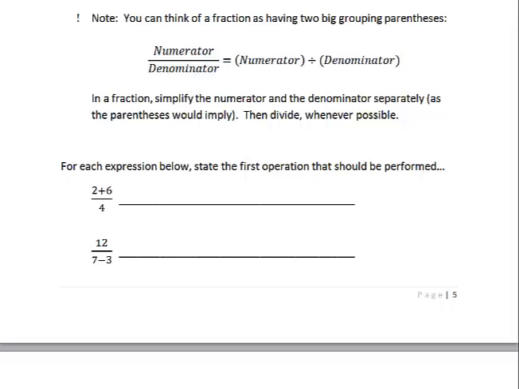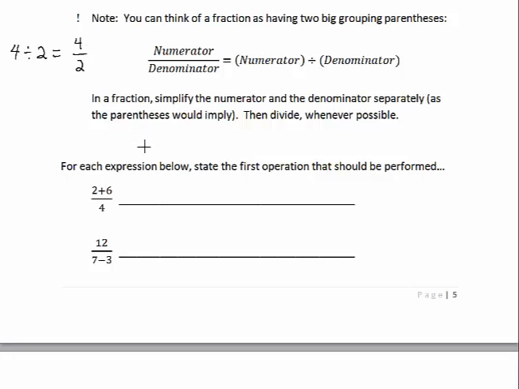For instance, if I wrote 4 divided by 2 the traditional way, I could rewrite this in terms of a fraction, and it still indicates that we take the 4 and divide it by 2. 4, fraction bar, 2 on the bottom. 4 in this case would be the numerator, 2 would be the denominator. I've simply written it in the same format, just a different order. So 4 divided by 2, traditional division symbol, is the same thing as the fraction 4 over 2.